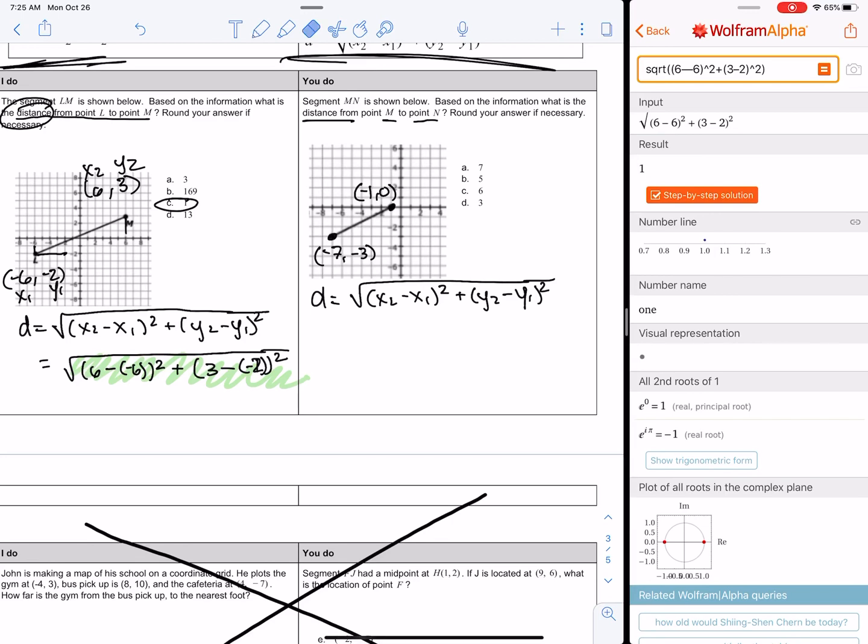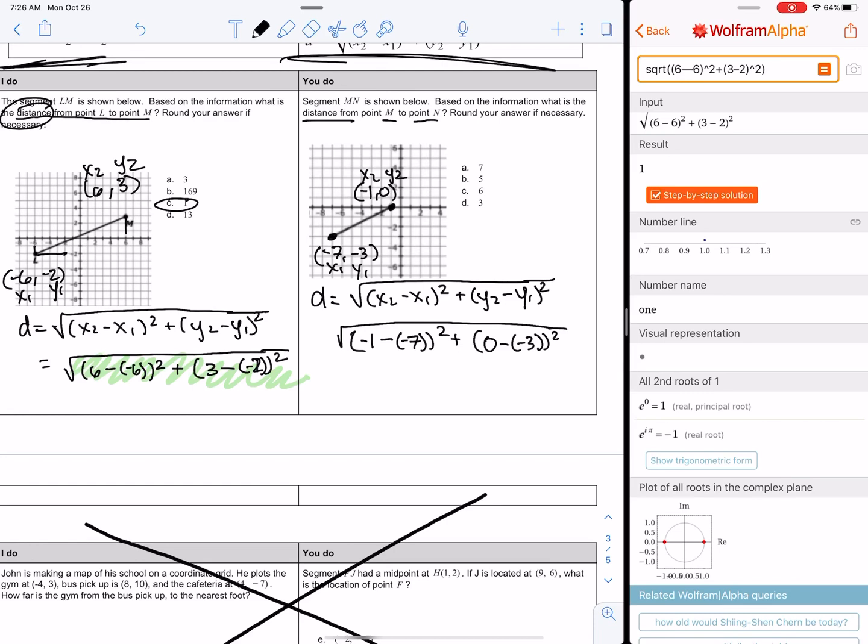Now, if you were to set up the distance formula, what would it be? Let's see. So you have x1, y1, x2, y2. So you have x2, which is -1 minus -7 squared plus y2, which is 0 minus -3 squared.